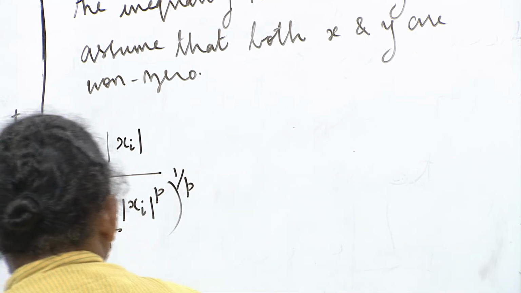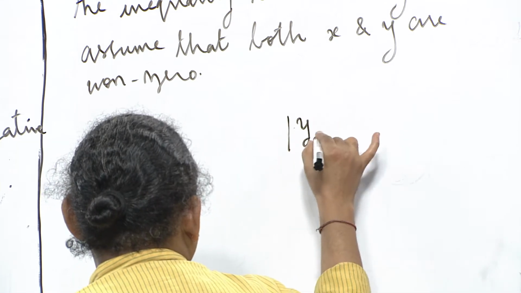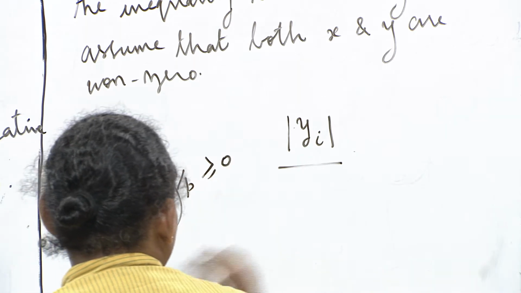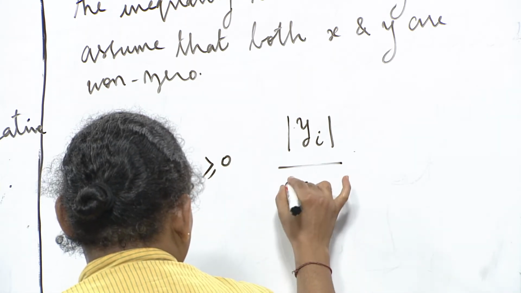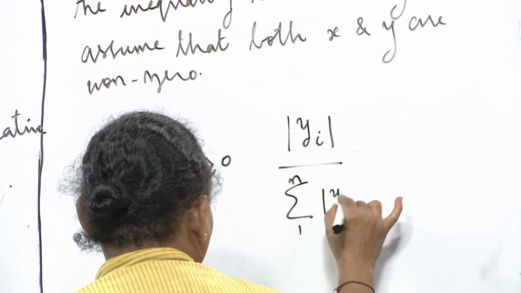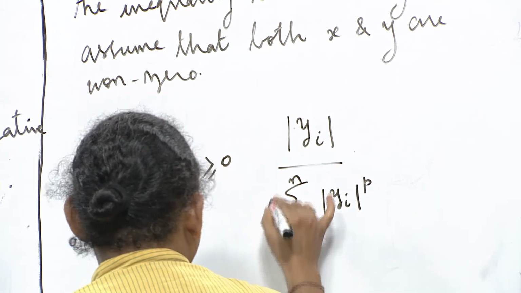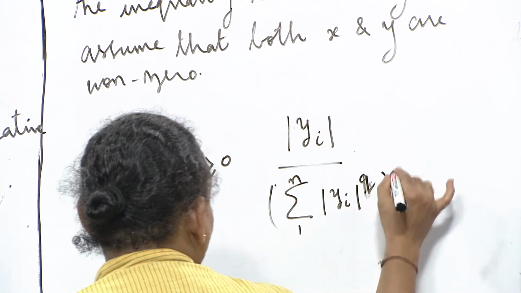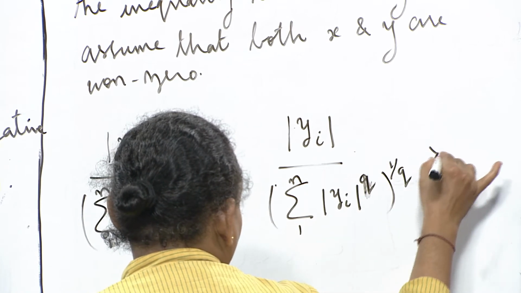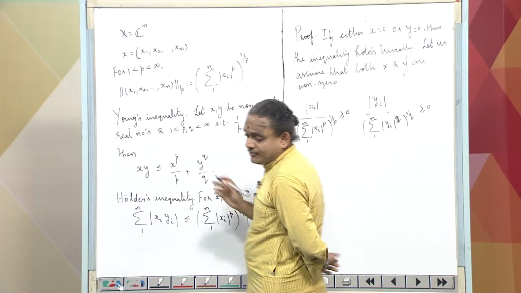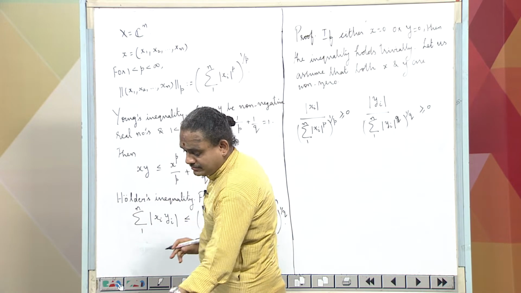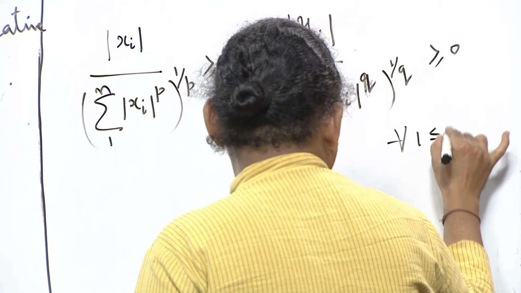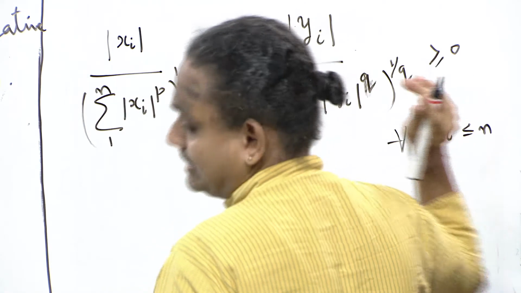This is greater than or equal to 0. Similarly, the other one is mod yi upon summation 1 to n mod yi power q whole raised to the power 1 by q. Again this is greater than or equal to 0. So, I have two real numbers, and this holds for all 1 less than or equal to i less than or equal to n.